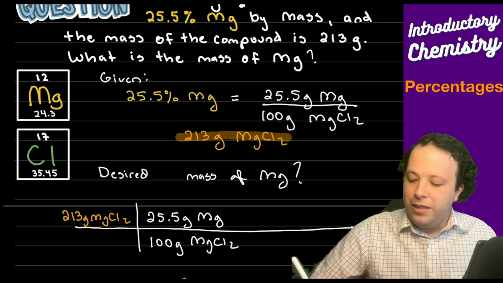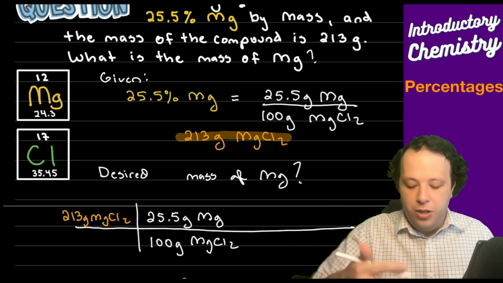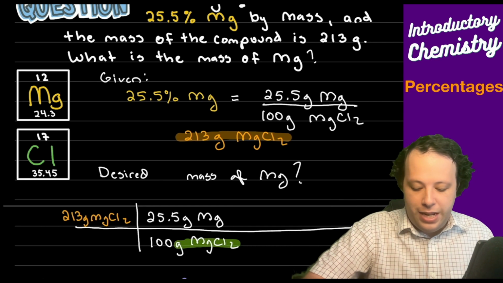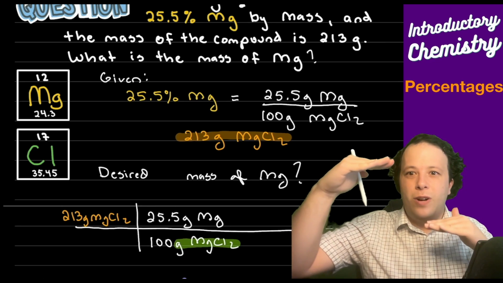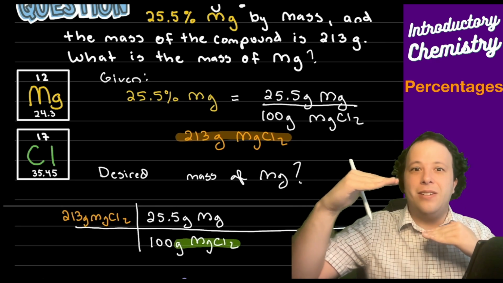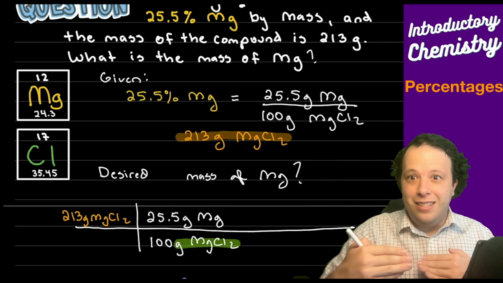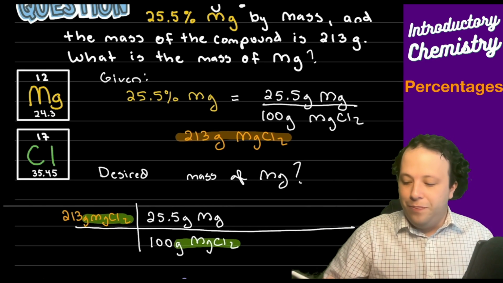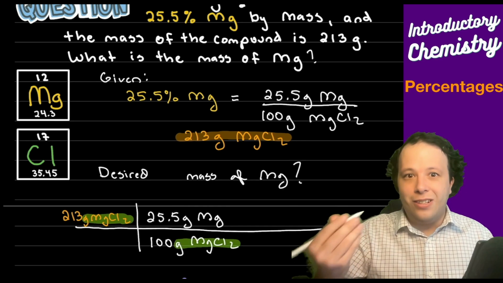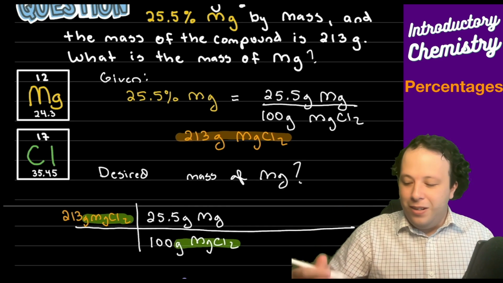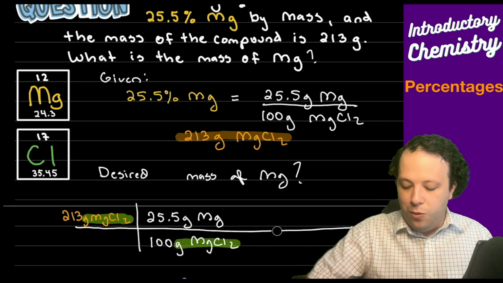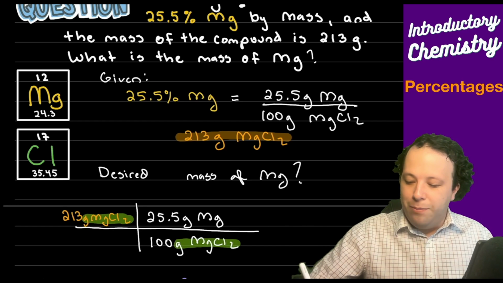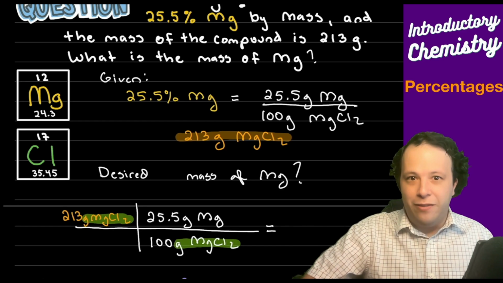Now, why did I write the conversion there and not try to flip it? Well, the big idea is, remember, units have to be opposites of one another in order for them to cancel. So being that MgCl2 is the unit we're looking for, it is opposite of our other unit here. So we can see that these are going to cancel. And even the better part is that this is going to leave us only with mass of magnesium, which is what we wanted from the problem.